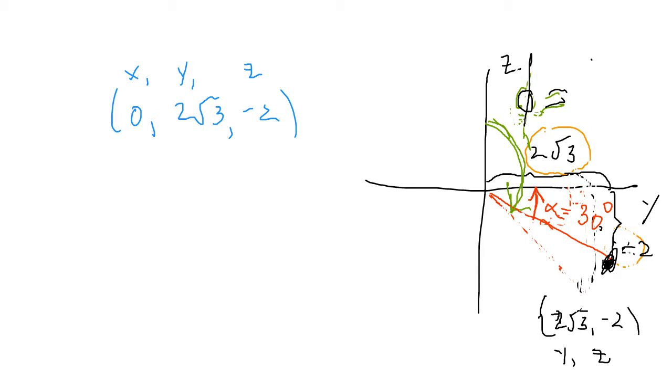There. So this phi here, yeah, 120 degrees. Good, Logan. Or 2 pi over 3. Okay?